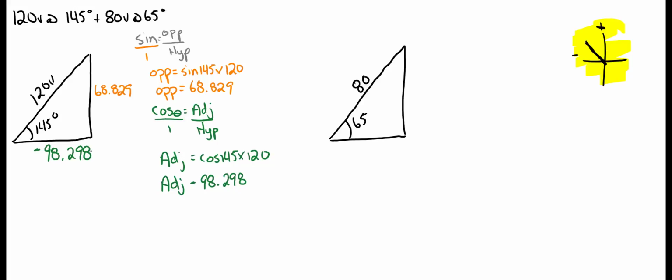Now I'll just really quickly write in the values for the second triangle. After doing your trig, you should have gotten a vertical of 72.505 and a horizontal of 33.809.